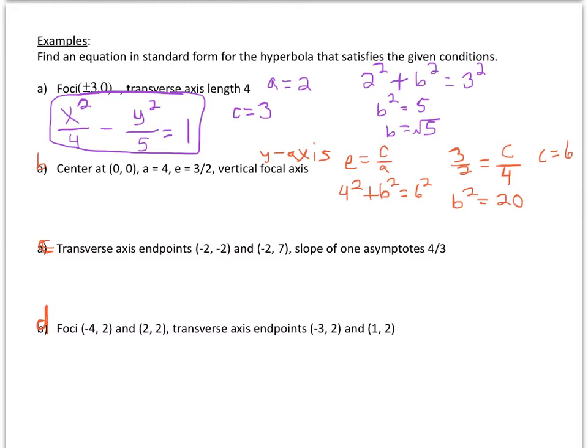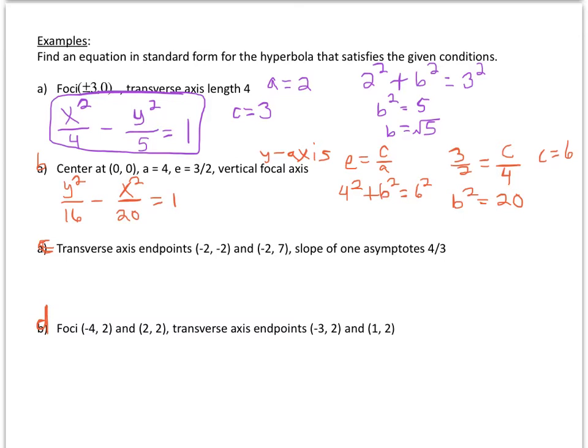Let's not even bother square rooting that, because what we need in our formula is actually b squared. We said our vertical axis was the focal one, so that means that y comes first, and underneath y squared should be a squared, so that should be 16. Underneath x squared should be b squared, which is 20. It equals 1.